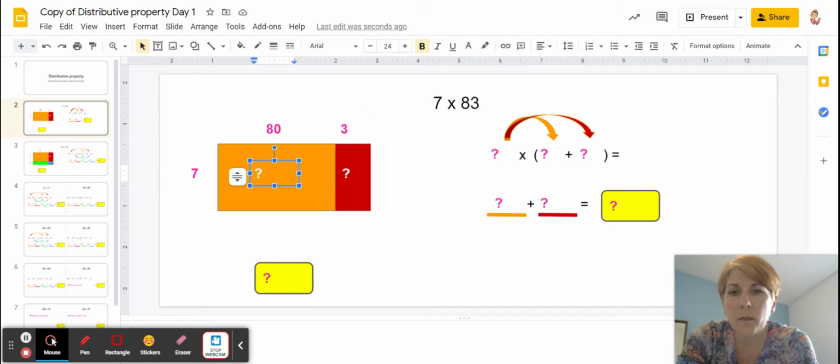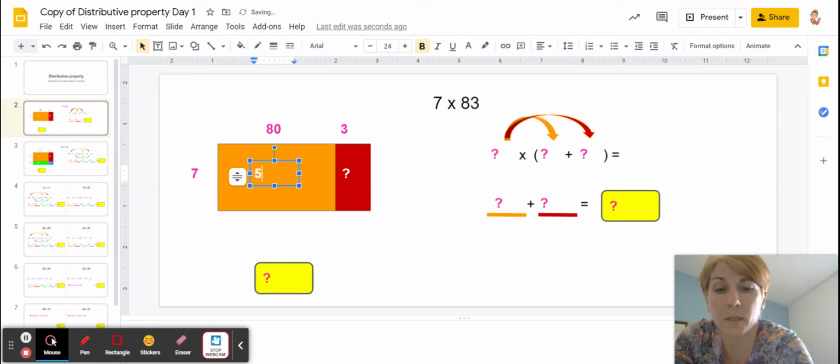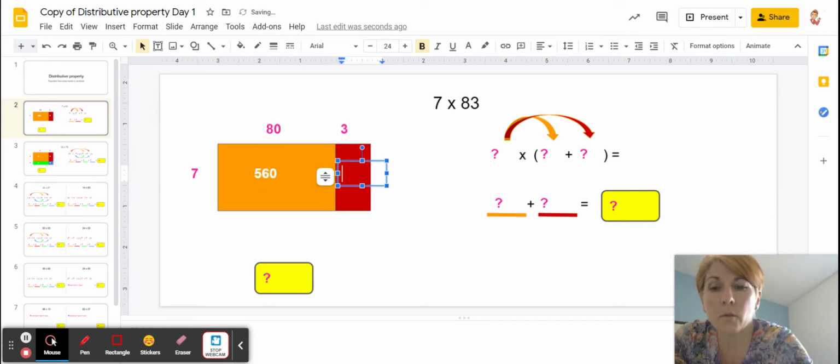So 7 times 80. 7 times 8 is 56. If you don't have your times tables memorized, I will put a table in our math classroom that you can refer to if you need to. And then 7 times 3 is 21.